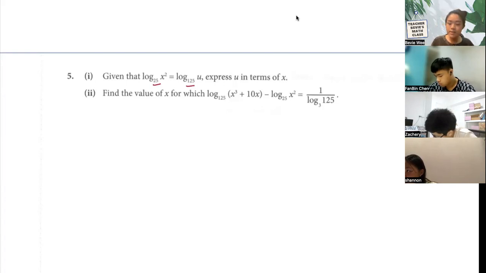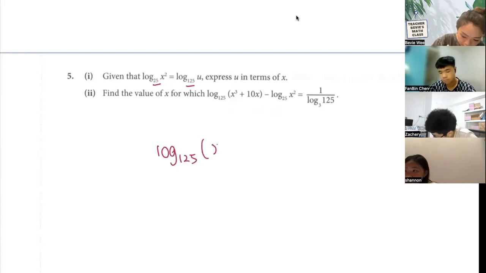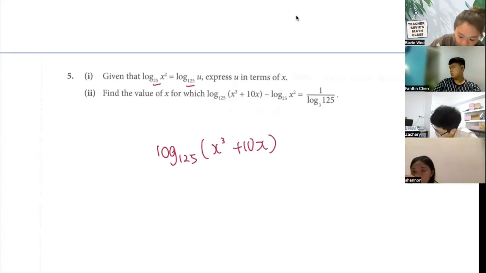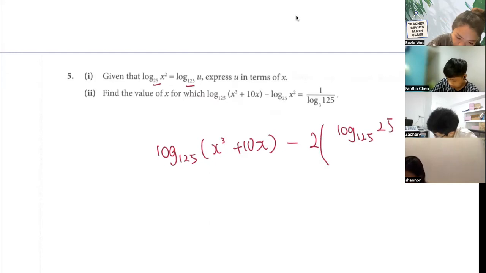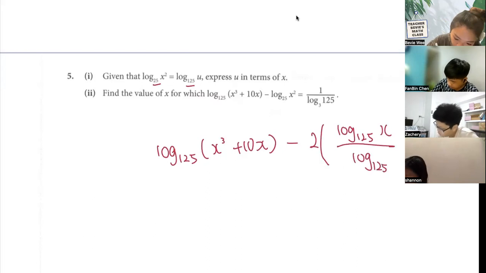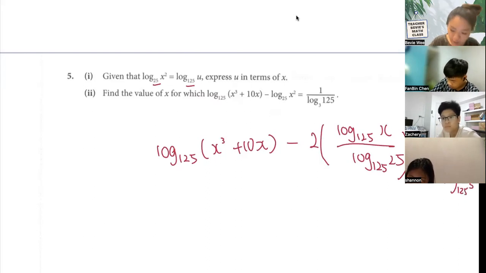Just now I said change to a base of log 125, right? So the first one don't need to change. Log 125 of x cubed plus 10x minus log 125 of... Okay, the 2 comes in front first lah. Log 125 of x over log 125 of 25 equals 1 over log 125 of 125 over log 125 of 3.